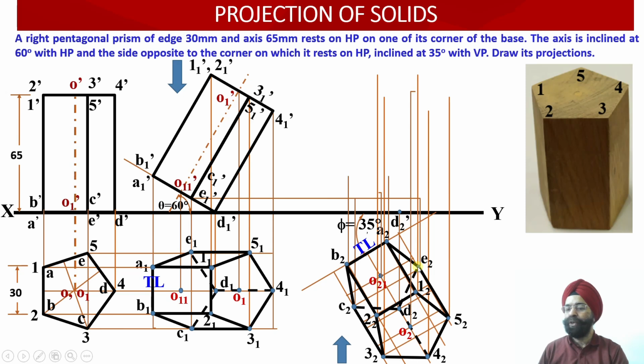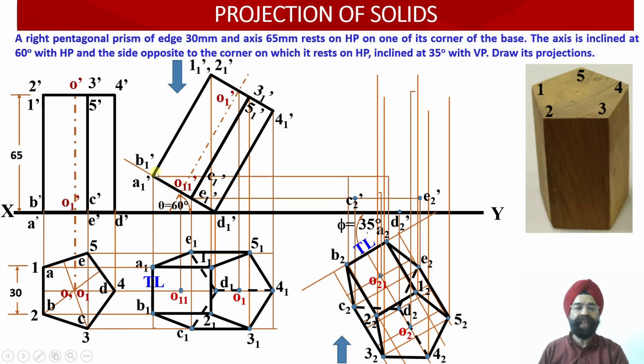The vertical projector line drawn from C2 intersects this horizontal line, providing us the location of the point C2 dash. Similarly, this is the point E2. From E2 we have drawn a vertical projector line, which intersects the horizontal line emerging from E1 dash. This intersection provides us the location of the point E2 dash over here.